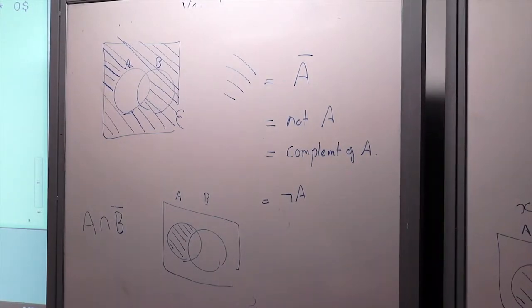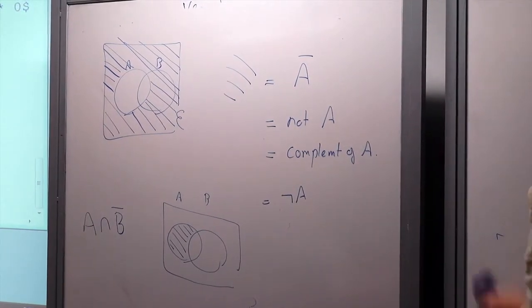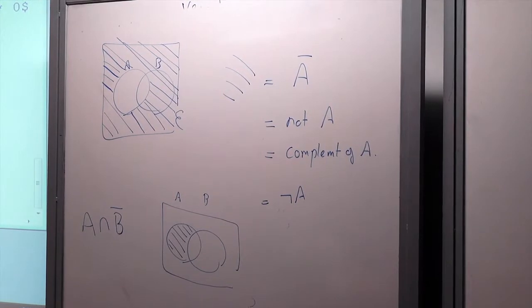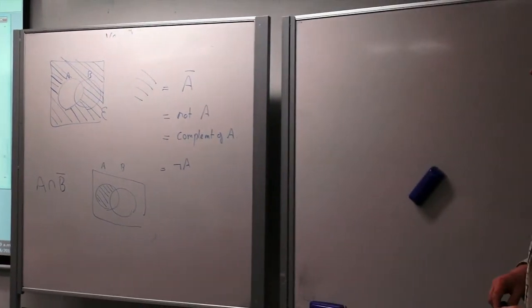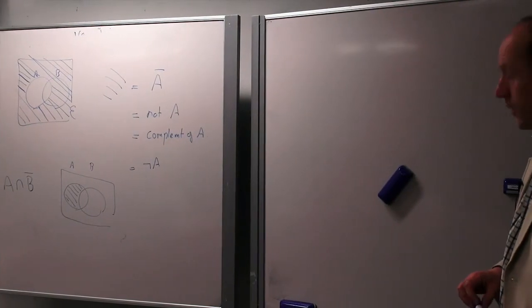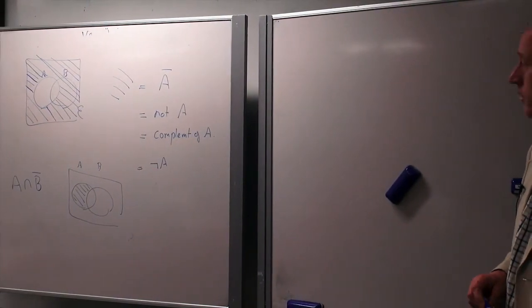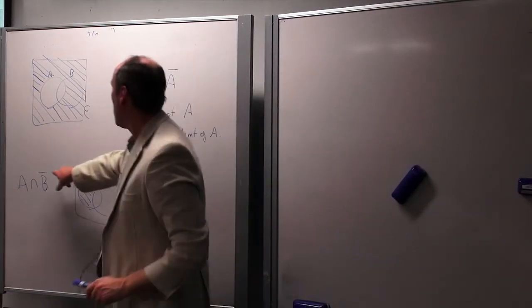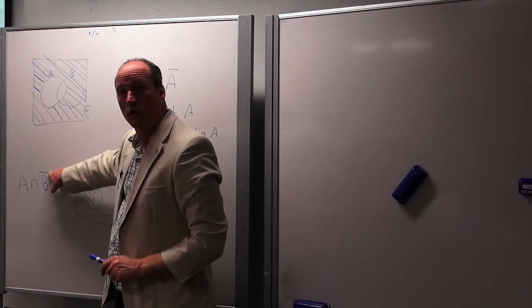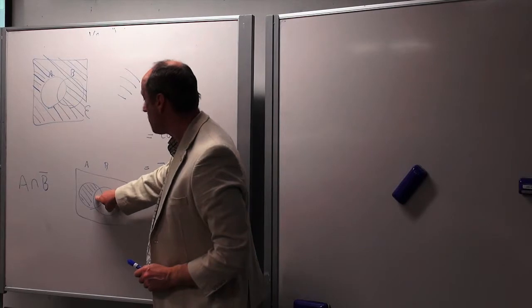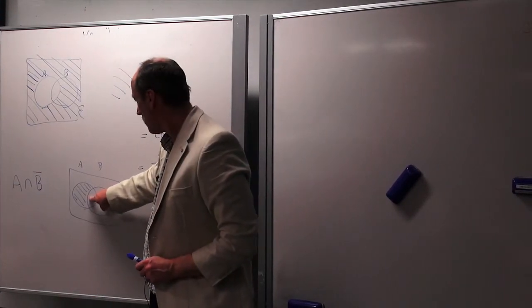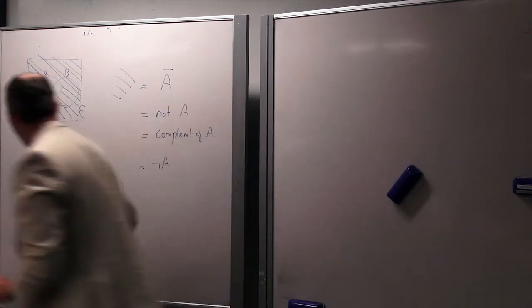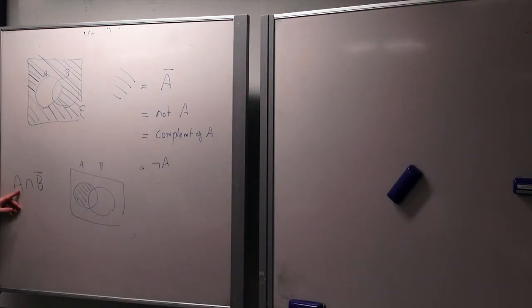And if this was a mathematics course, I'd be going on and on about how A intersect B is B intersect A, and so forth. Wouldn't it be in the middle rather than...? Yeah, but it's A intersect B bar. It can't have this one because that's not in B bar.